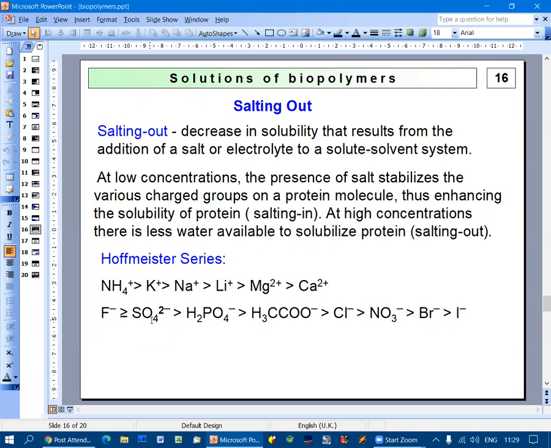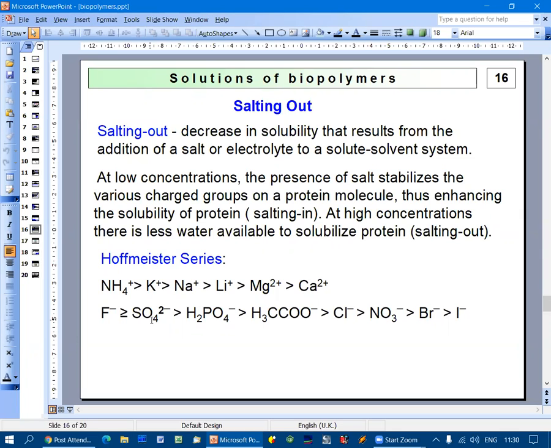Now, just imagine you have a solution of a protein. It consists of molecules of protein and molecules of water. Now we add salt, it dissociates in water, and cations and anions of this salt begin to absorb water.